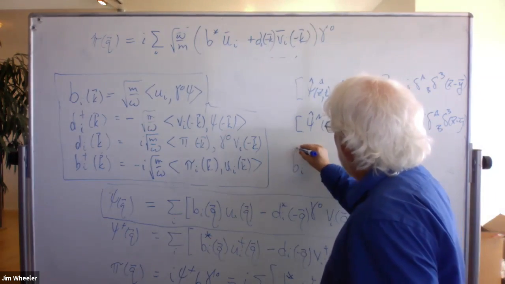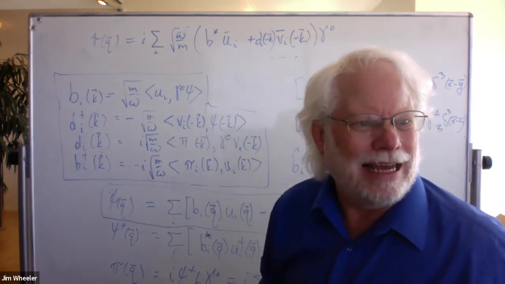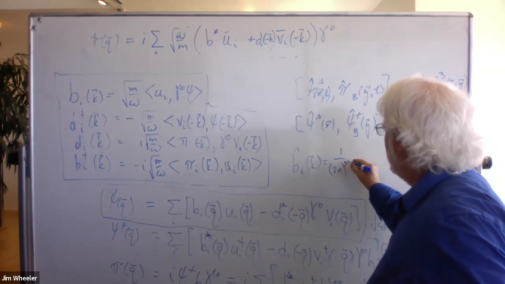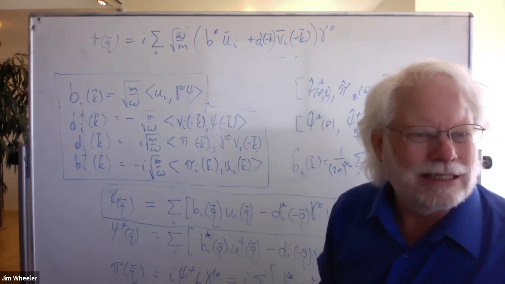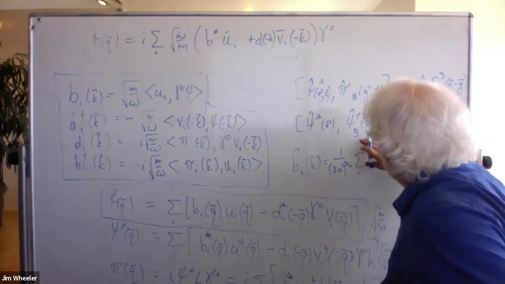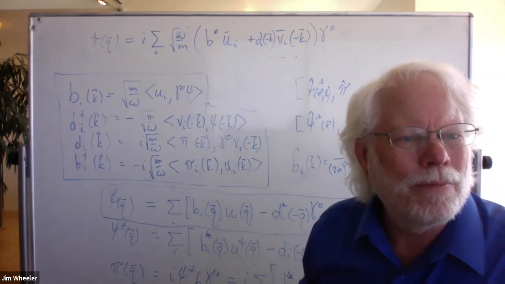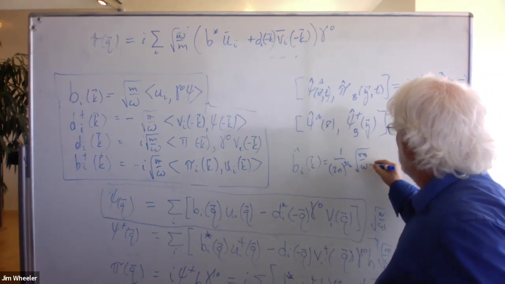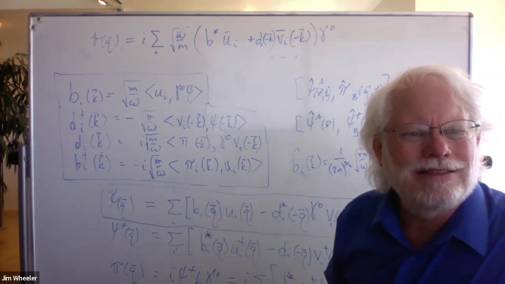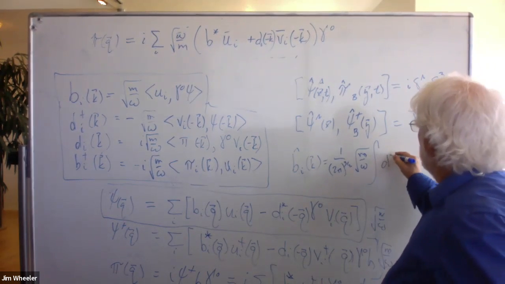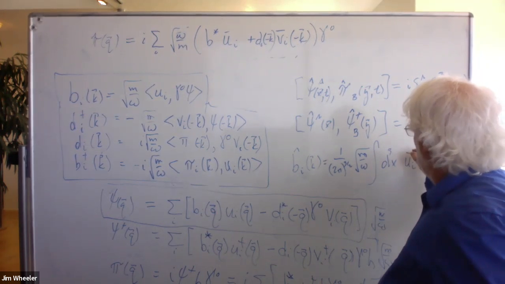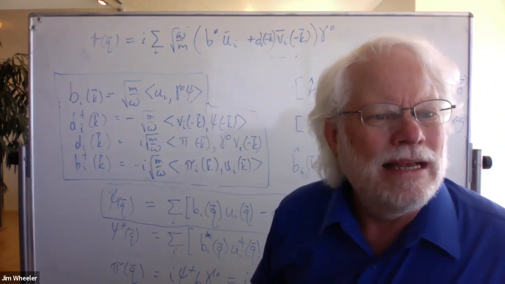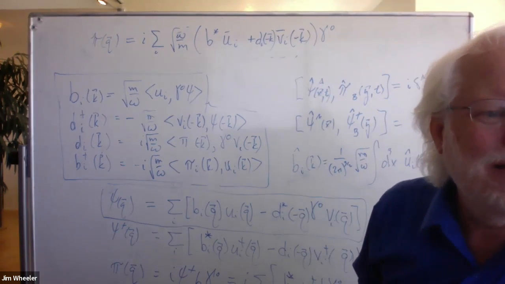So b_i hat of k is, in detail, 1 over 2 pi to the 3 halves. Sum on, oh no, I'm sorry, i's free. Root m over omega, integral d3x of u_i, now an operator, of k, and gamma 0 psi hat.